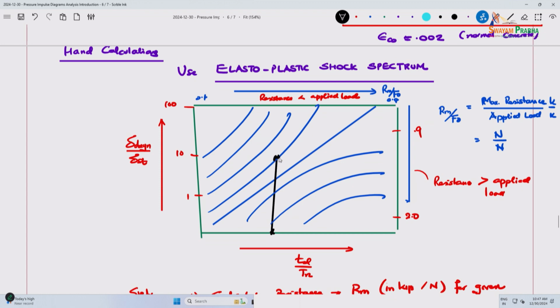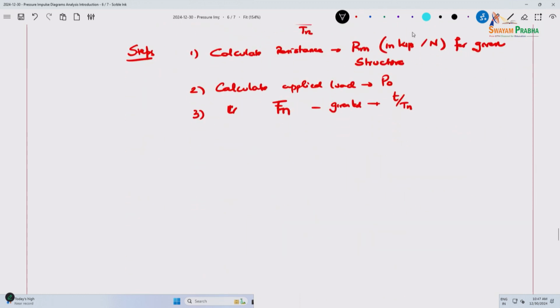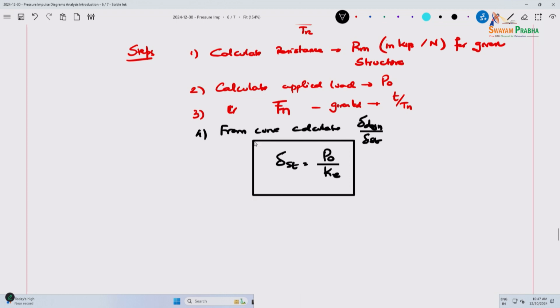You go here and then determine the delta dynamic by delta static. And delta static is typically P naught divided by the elastic stiffness. Again, these are all for design purposes.